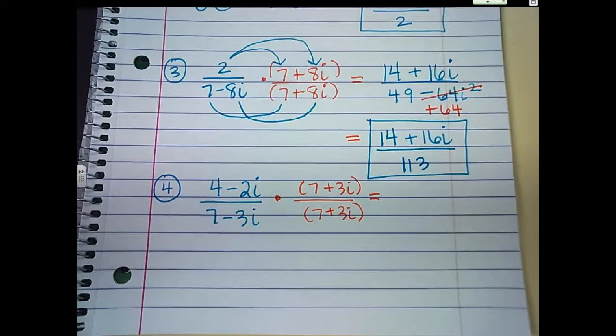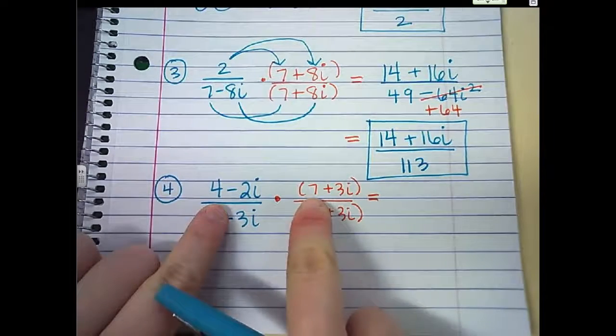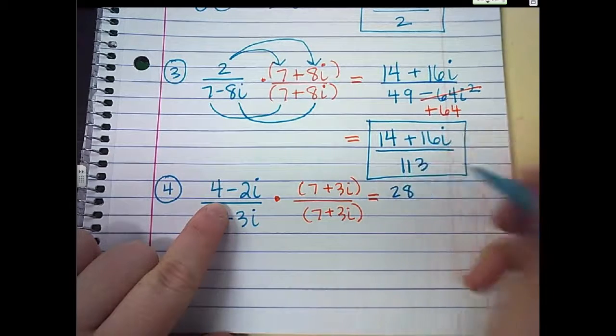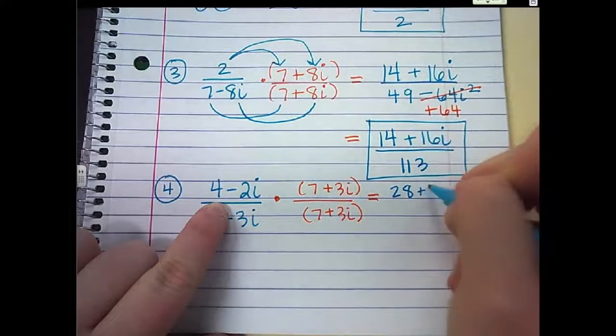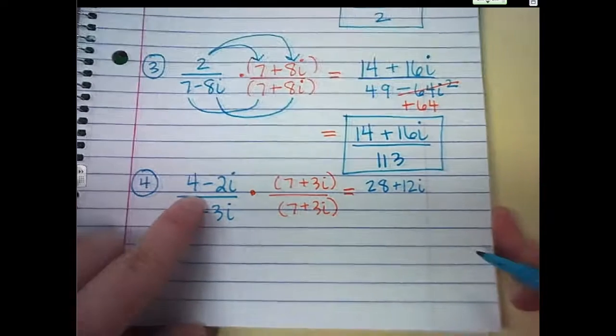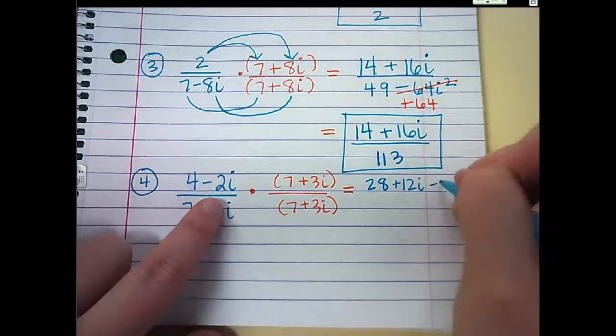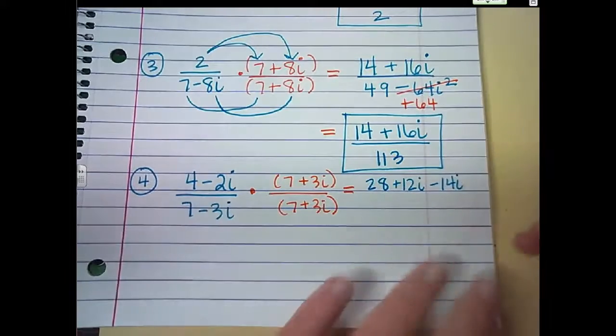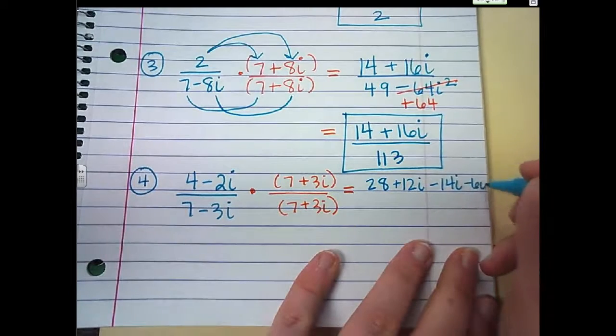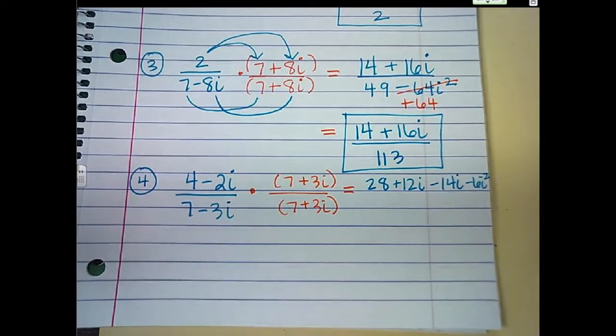Now on the top, you do have to FOIL here. So 4 times 7 is 28 plus 12i minus 14i minus 6i squared.